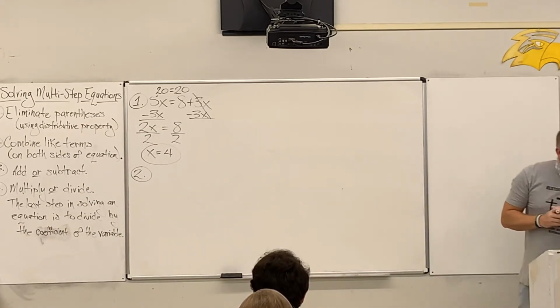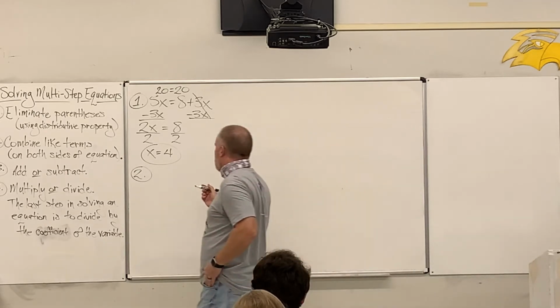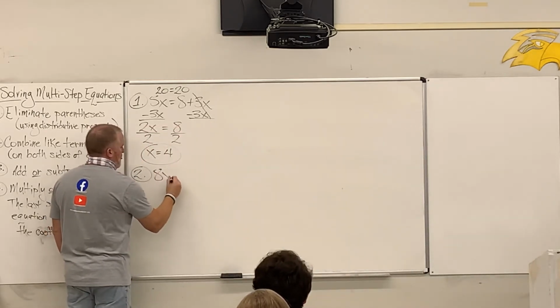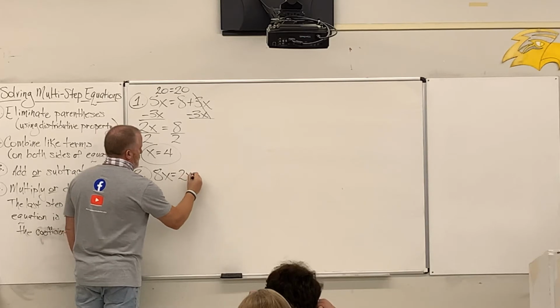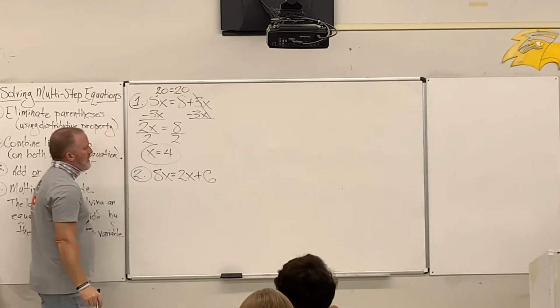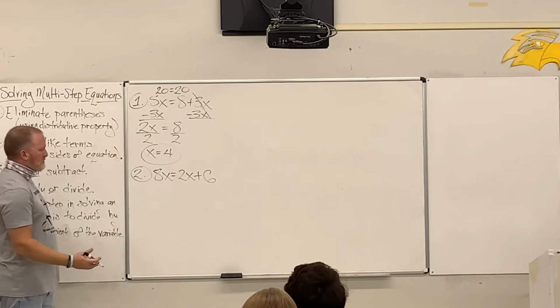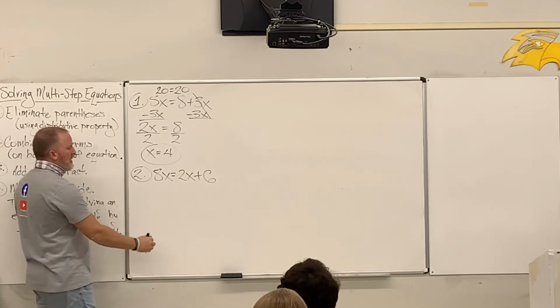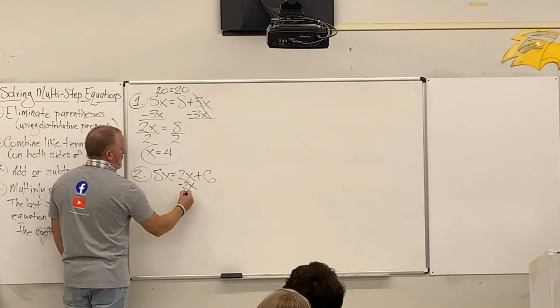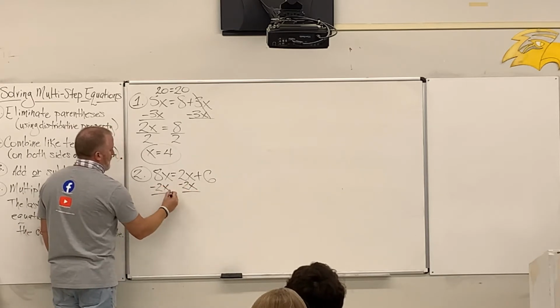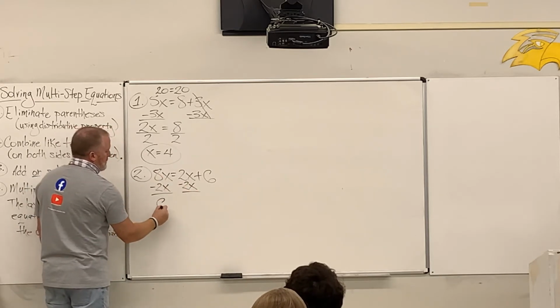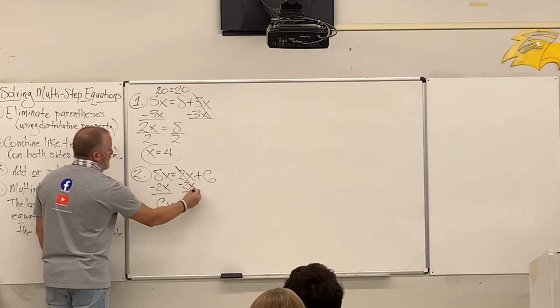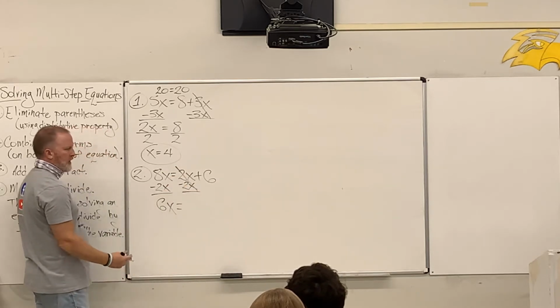Alright, so on number 2, we got 8x is equal to 2x plus 6. Almost the same thing, right? We've already got 8x, we got x by itself on the left hand side. So to bring the 2x over, we just subtract 2x. 8x minus 2x, 6x. 2x is canceled, because that would be 0.